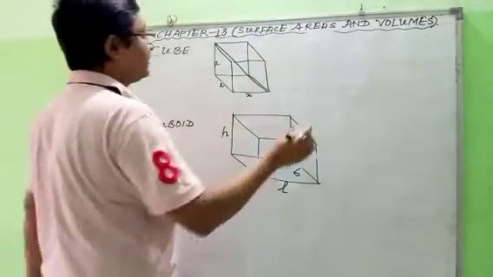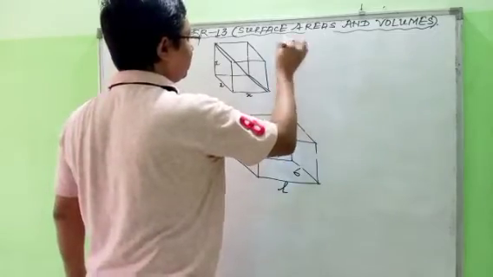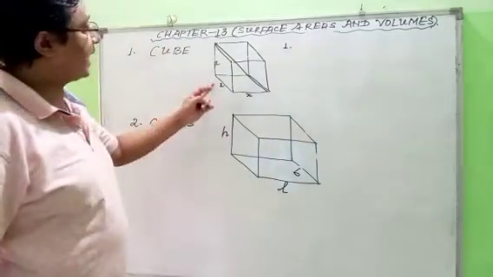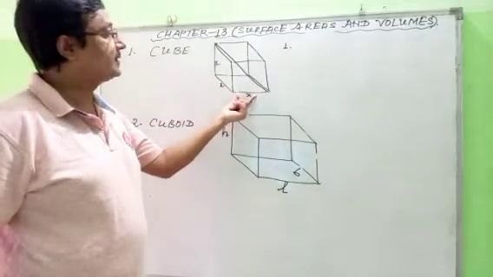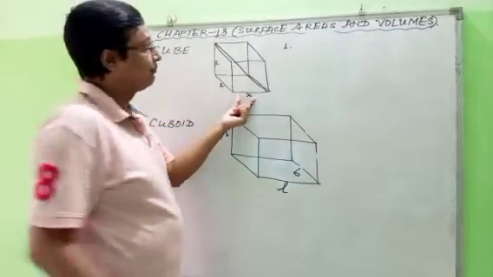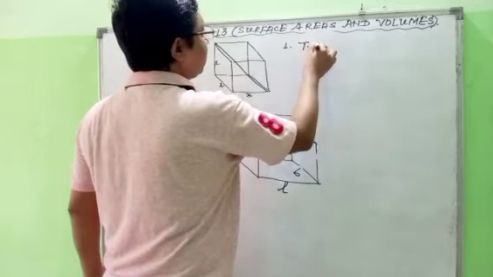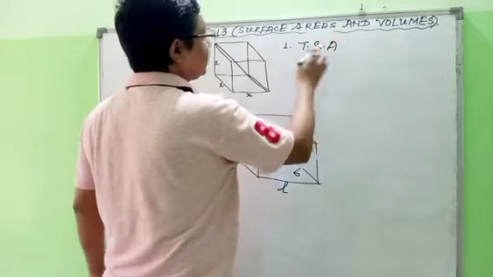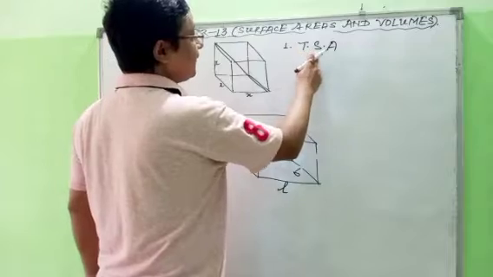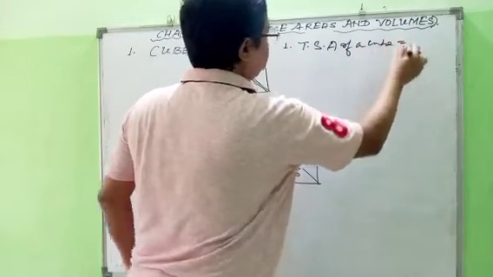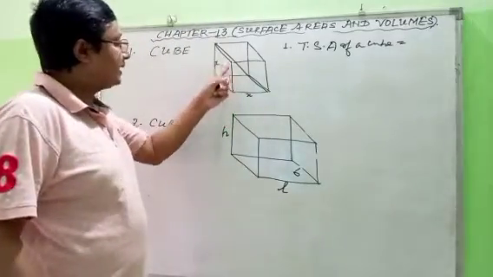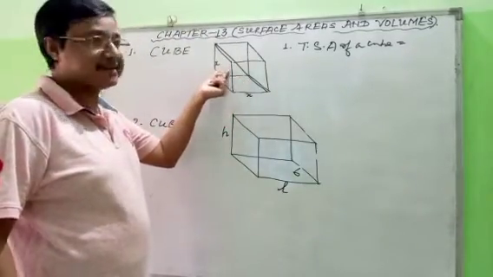Now let us take once more here. Here the side is x, all the sides are taken as x. This is a cube. Now the total surface area, that is TSA, total surface area of a cube. Here you have got 6 faces.